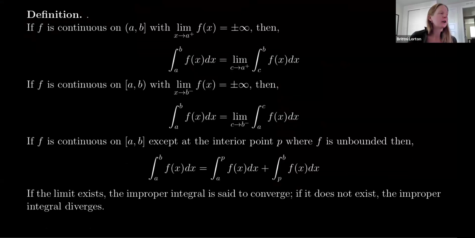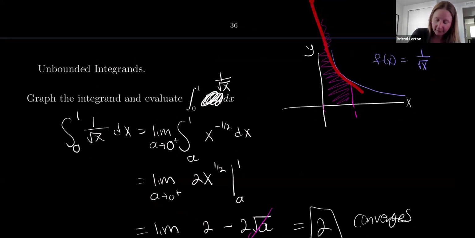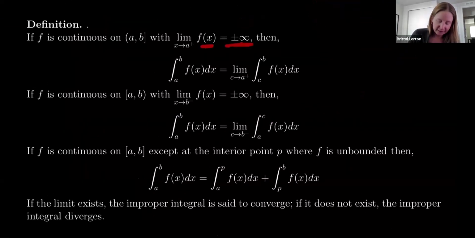Okay, so this is the other piece of improper integrals. This is the unbounded integrands, where it's possible that the function itself is shooting up to infinity, just like what I had on that previous graph. And if that's the case, then you're going to need to turn the problem point into a limit. So I'm going to highlight a couple of things.